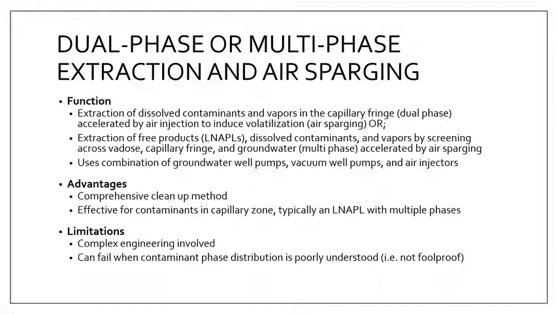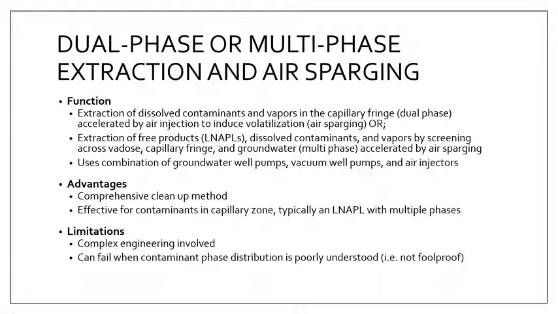That's what we call air sparging. When you are injecting air into the ground to induce volatilization, that is air sparging. When you are doing this in the capillary fringe, this is dual phase extraction, because you are removing the dissolved contaminants and the vapors.